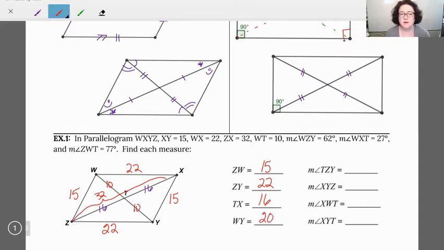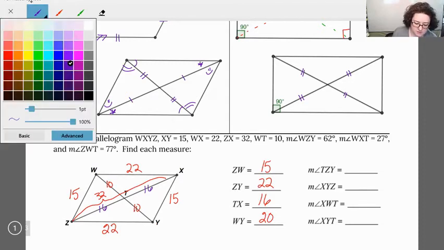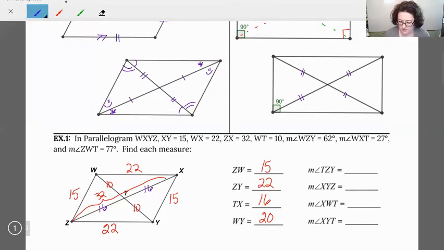Alrighty, now let's look at our angle. So I'm going to turn over to blue for this. Here we go. So we have angle WZY. So WZY, tracing your letters around, is actually making this bottom left corner. So the entire angle here is 62 degrees.